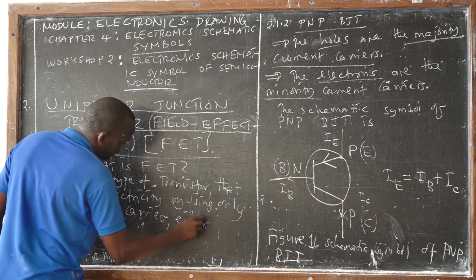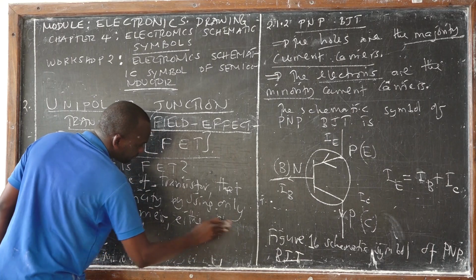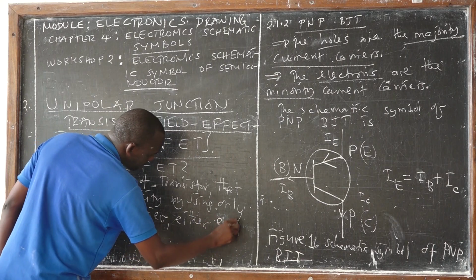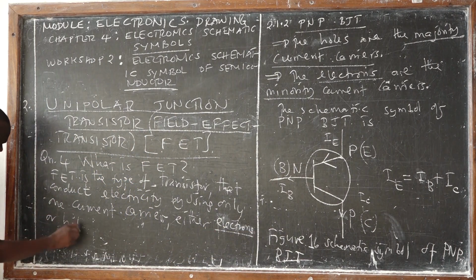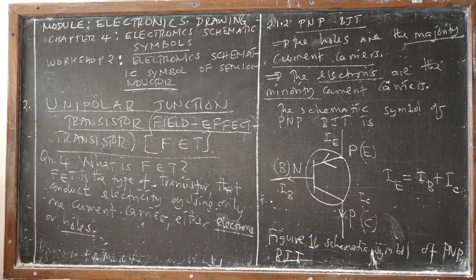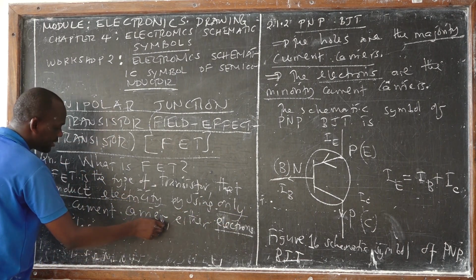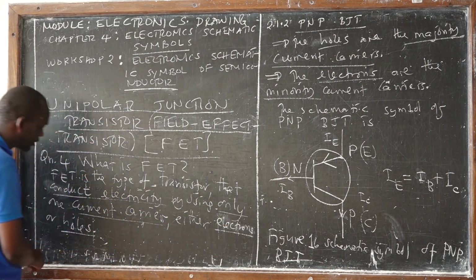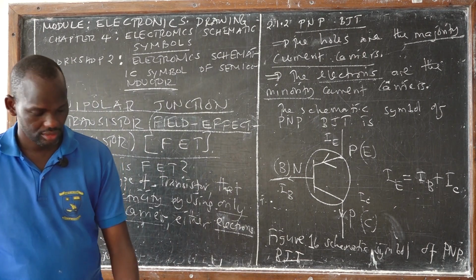either electrons or holes. So the unipolar junction transistor is a type of transistor that conducts electricity by using only one current carrier, electrons or holes.